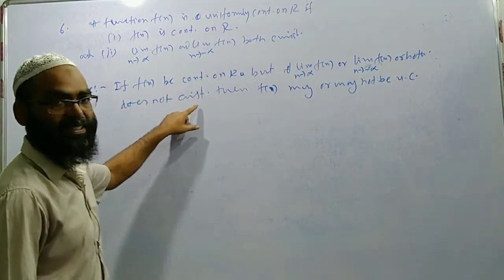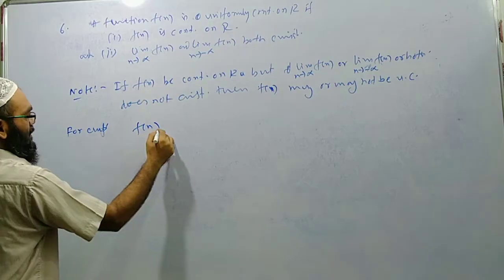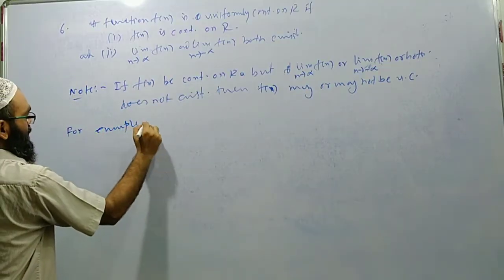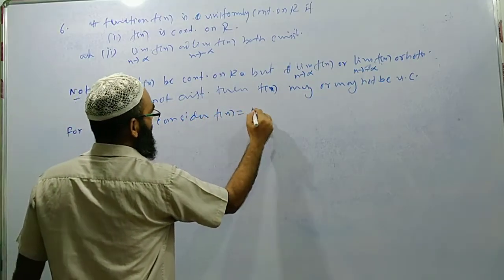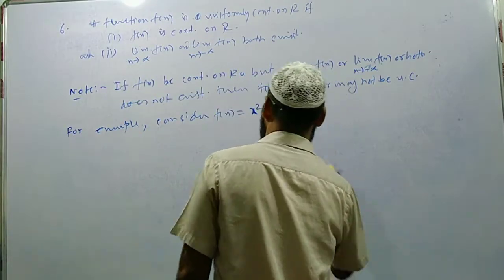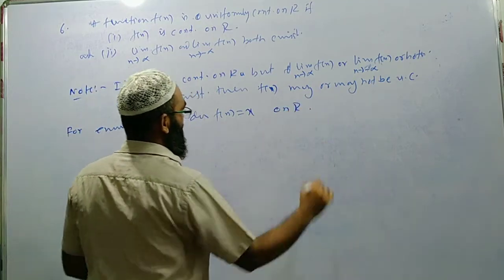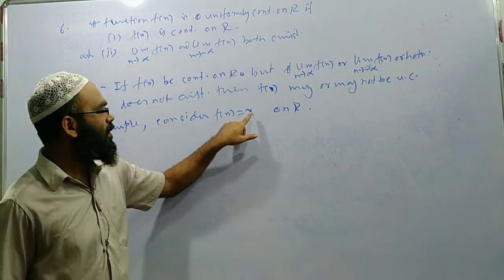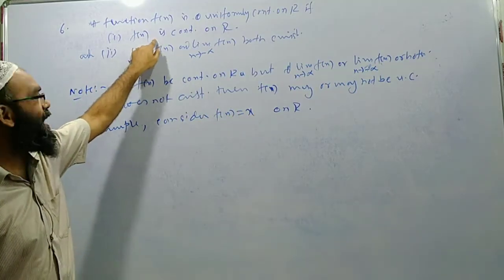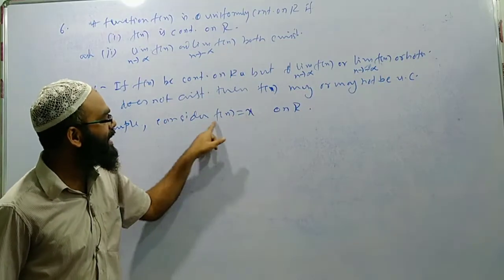For example, consider f(x) equal to x on R. Observe that f(x) is continuous on R. Since f(x) equal to x is an everywhere continuous function, condition 1 is satisfied, but the limits as x tends to infinity and as x tends to minus infinity both do not exist.